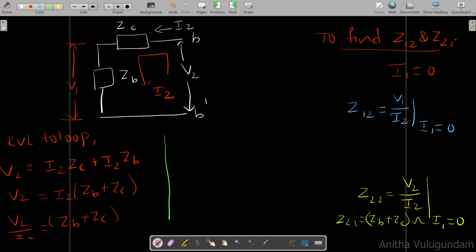Next, Z12 equal to V1 by I2. From the figure, I can write V1 as I2 into ZB, right? So V1 by I2 equal to ZB, which is equal to ZB ohms. So we have got Z11, Z12, Z21, Z22 values.